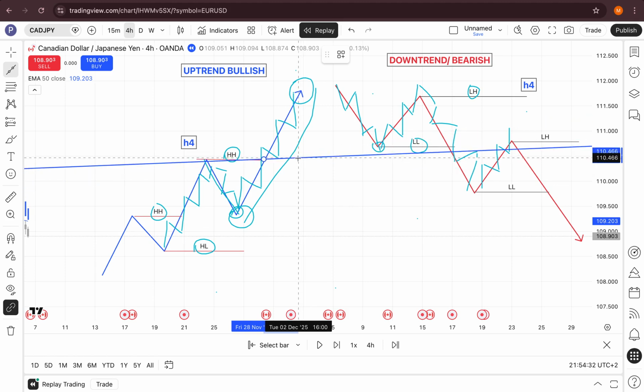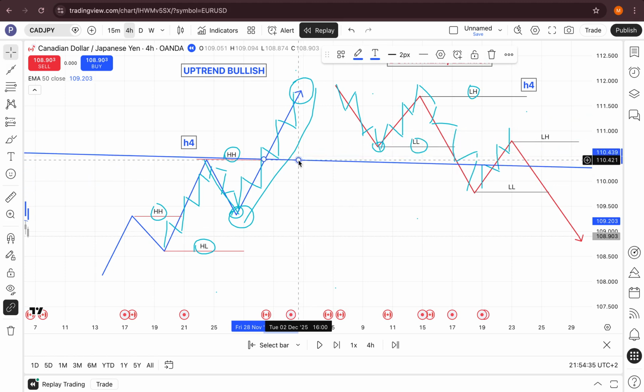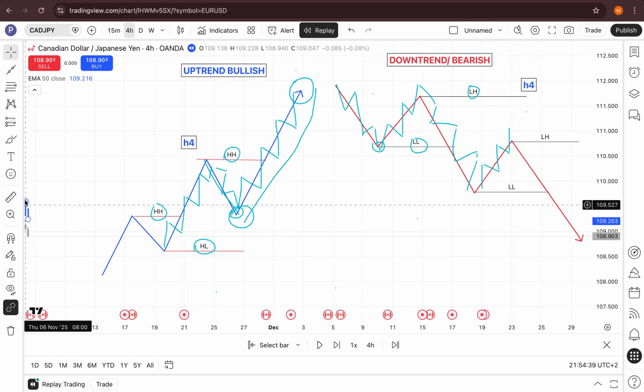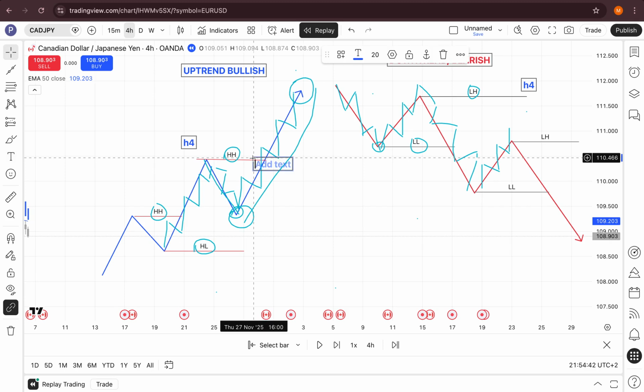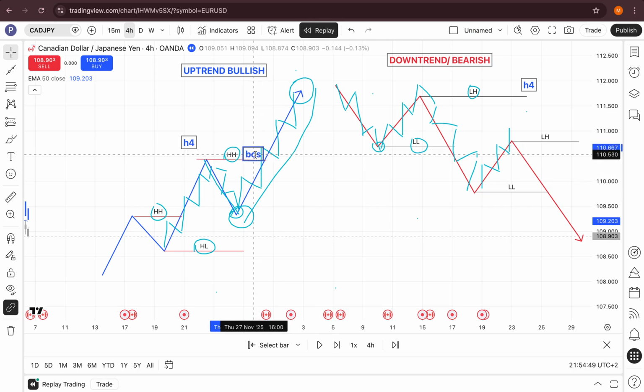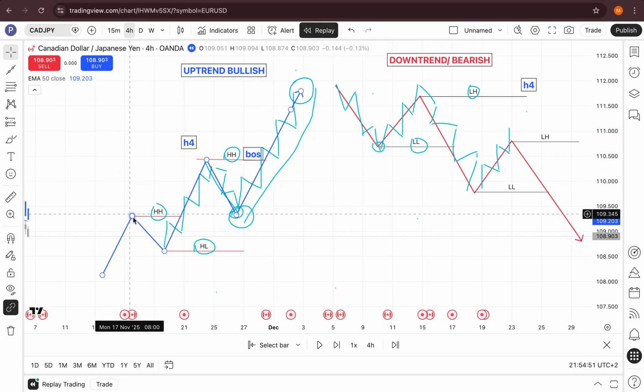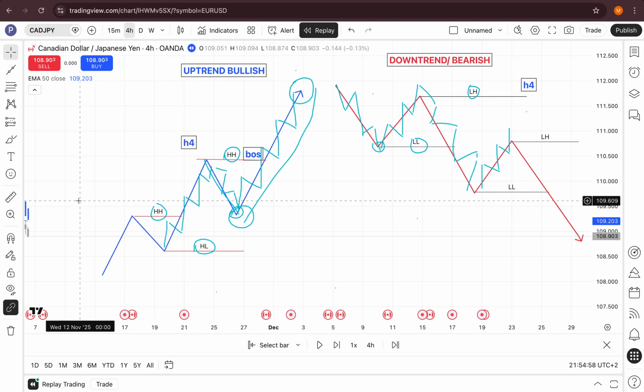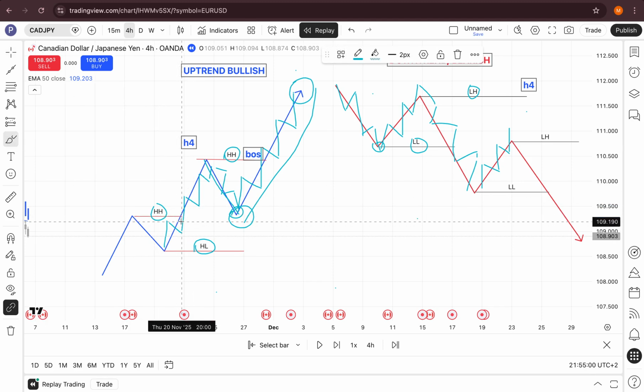So a break of structure, or BOS, actually happened, and our trend will continue. Say for example again right here, you can see this was our previous higher high, and it was broken above right here. So here we have a break of structure. Break of structure is important to understand well.